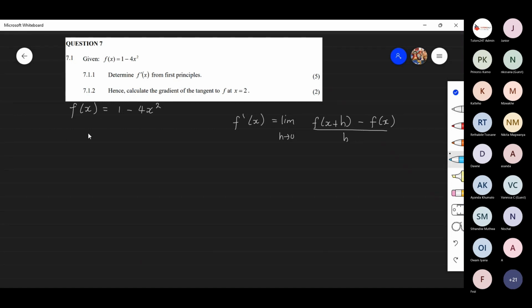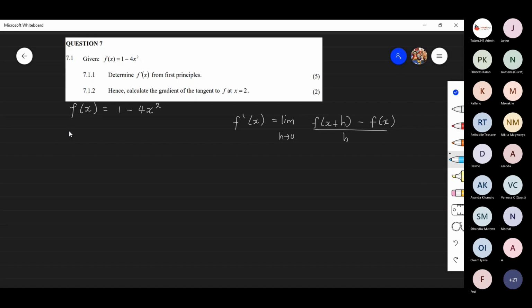Okay, so let us first start with our f of x plus h part. So we have f of x as 1 minus 4x squared, right? So all we are going to do is where we have x, we are going to replace that with x plus h in brackets.